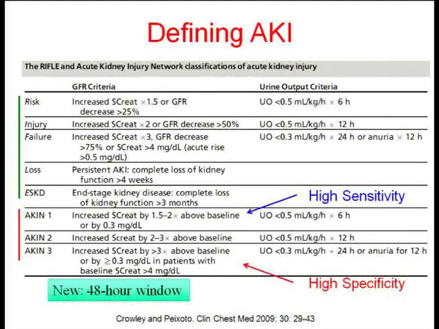The reason for that is that there are data, which I'll show you in a second, indicating worse outcomes in patients who have even these minor degrees of change in serum creatinine. The second change is that now we have a window of 48 hours to make the diagnosis of acute kidney injury. This is just to make the definitions a little tighter.